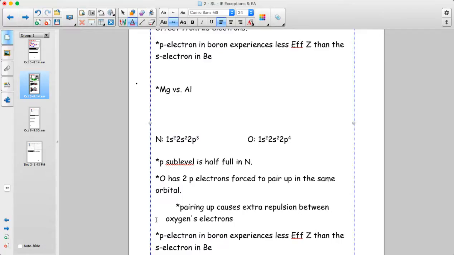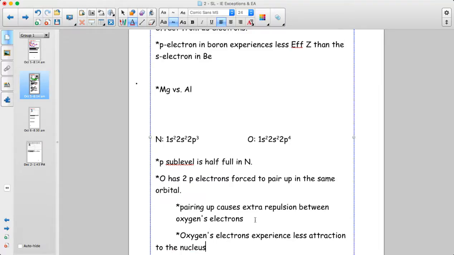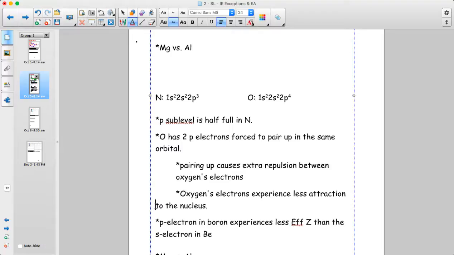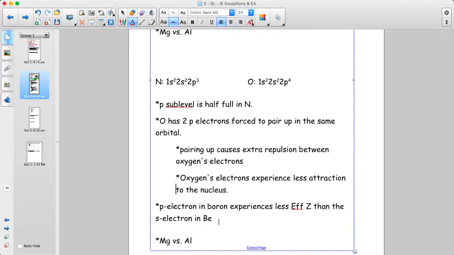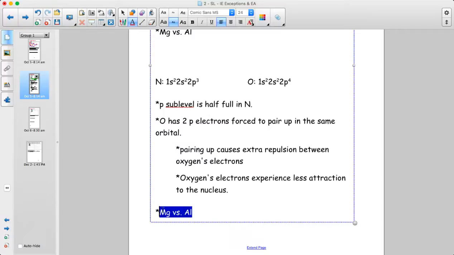So as a result of that extra paired-up electron, oxygen's electrons experience less attraction to the nucleus. The reasoning is slightly different, but for both of these exceptions to the general trend, the reasoning comes down to the specifics of their electron configurations and their orbital diagrams.